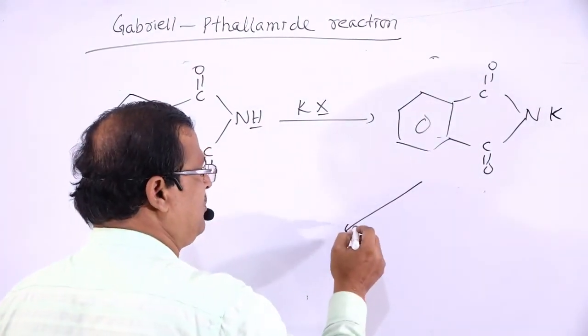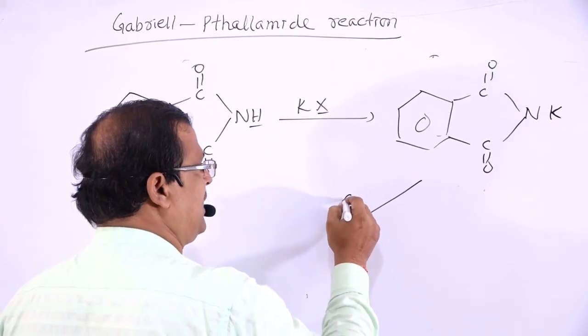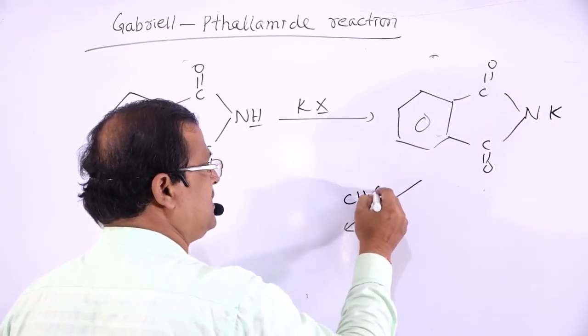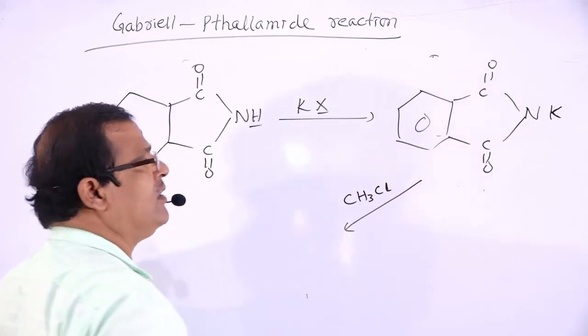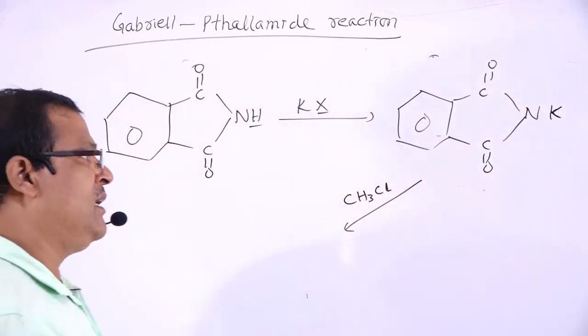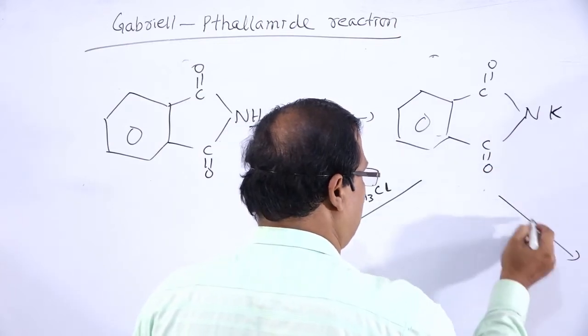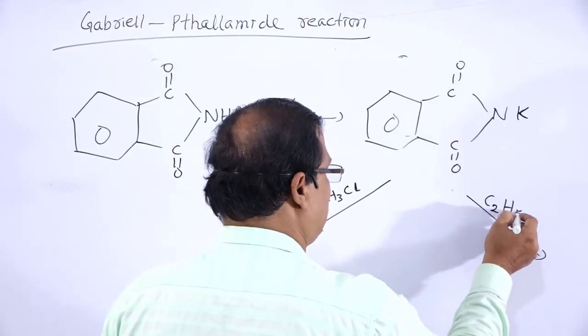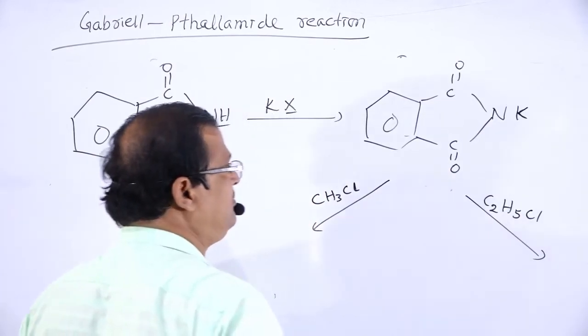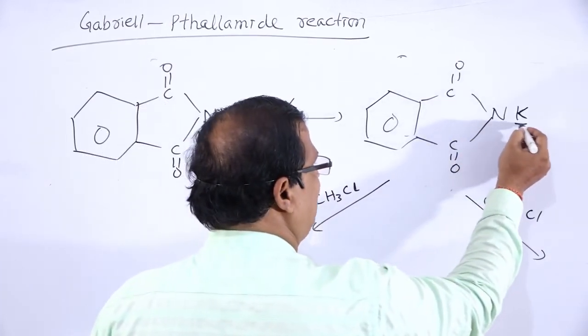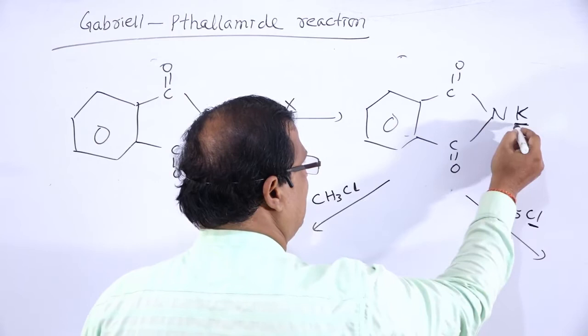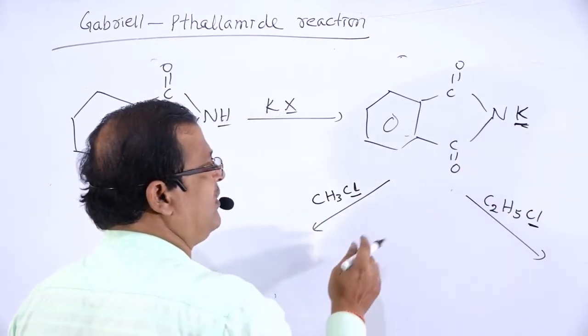If this compound is treated with CH3Cl, or if this compound is treated with C2H5Cl, KCl is removed.